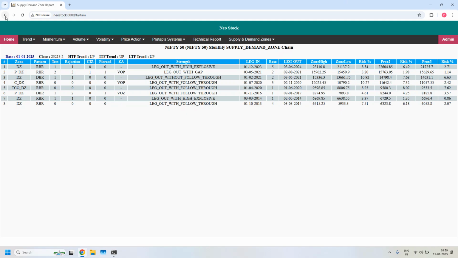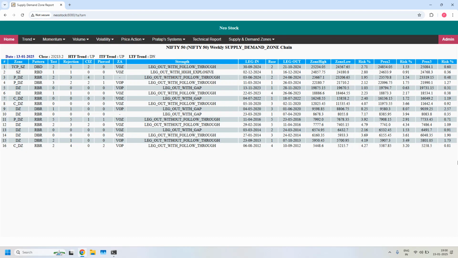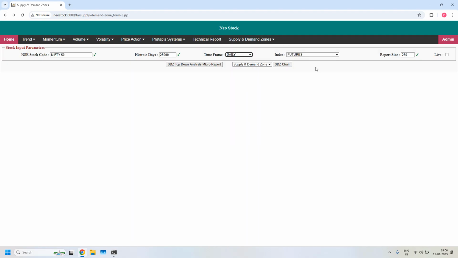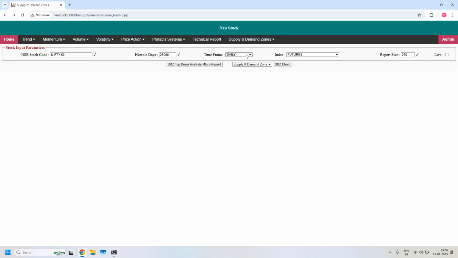Okay, next, generating weekly supply demand zone chain for NIFTY. Next, daily supply demand zone chain for NIFTY. Next, 125 minute supply demand zone chain for NIFTY.